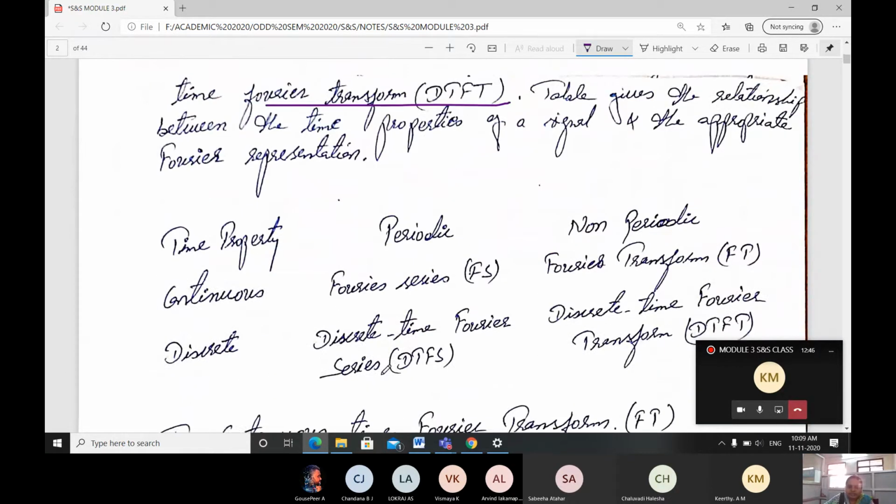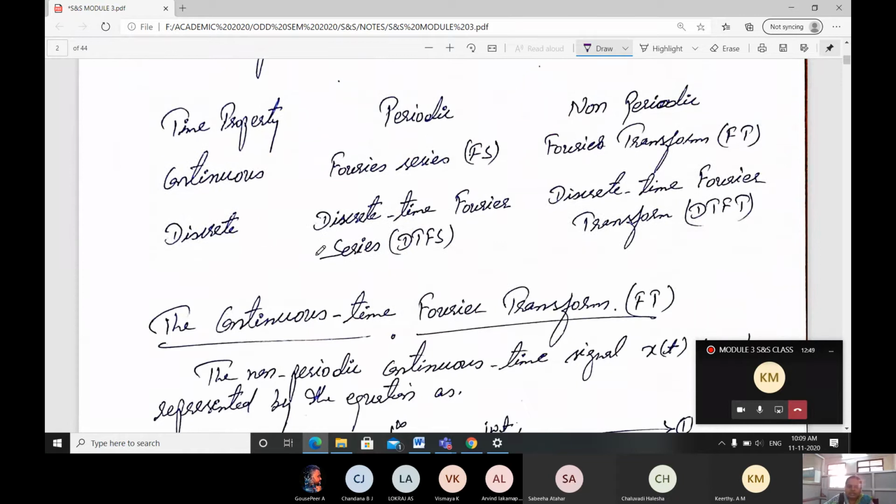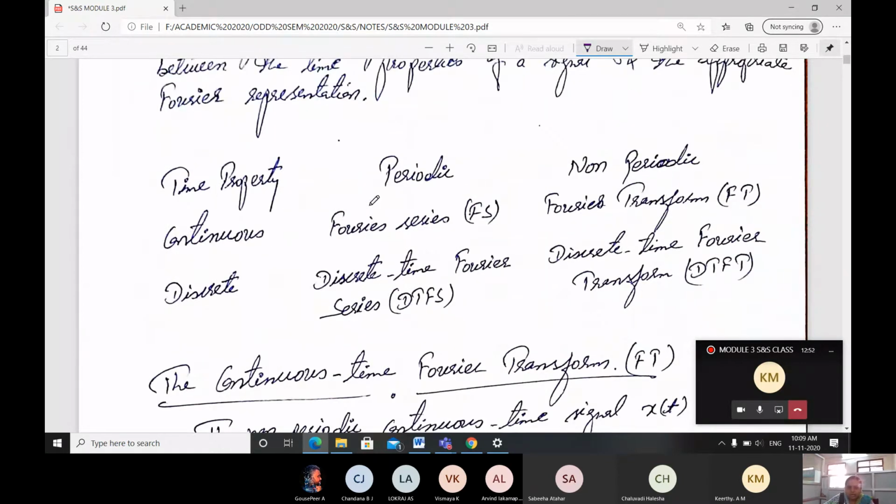Here a table is given, giving the information on how you have to remember this. If the time property is continuous and periodic, we call it the Fourier series. Continuous and non-periodic means Fourier transform. If the signal is discrete and periodic, it is the discrete time Fourier series, DTFS, and if discrete and non-periodic, then discrete time Fourier transform, DTFT.